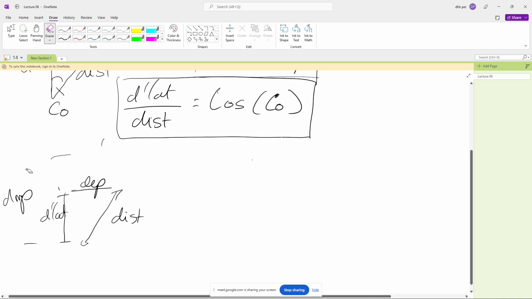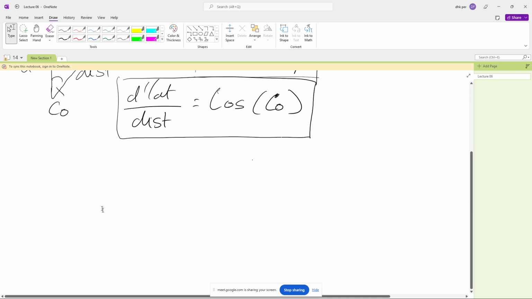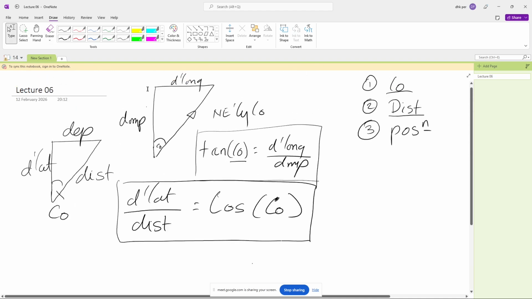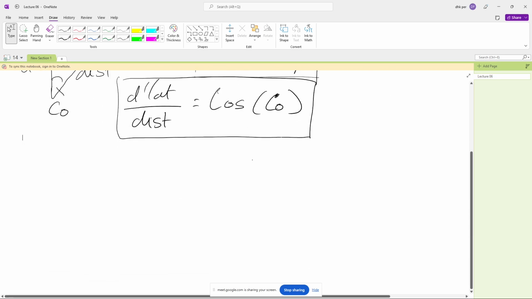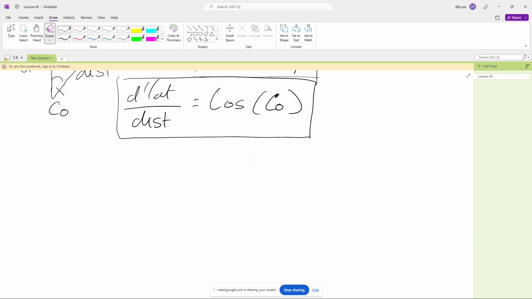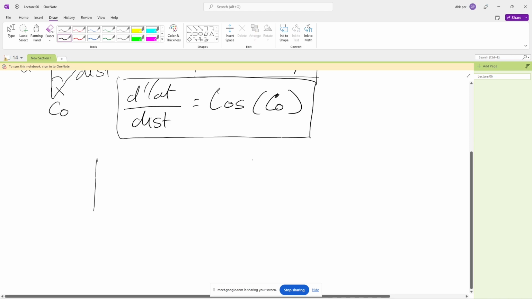Always what I'm recommending is that you do it with two triangles. Previously you saw that I'm using two triangles, like this. One is the plain sailing formula and the other one is the Mercator sailing formula.